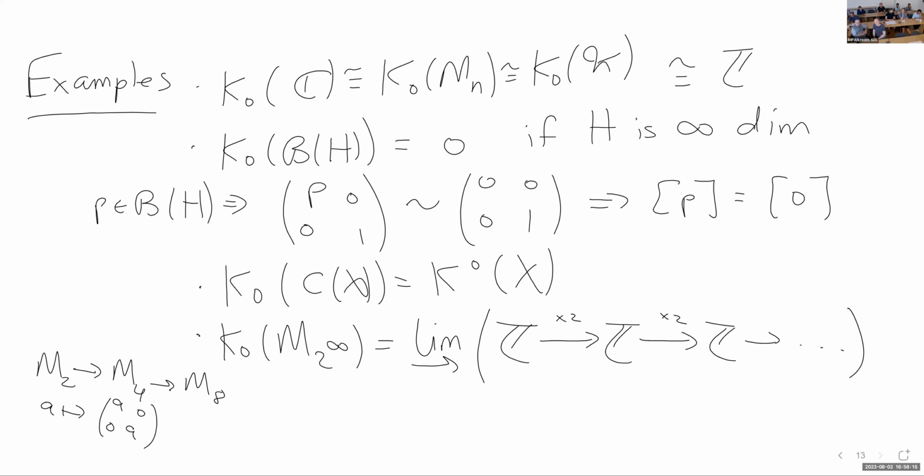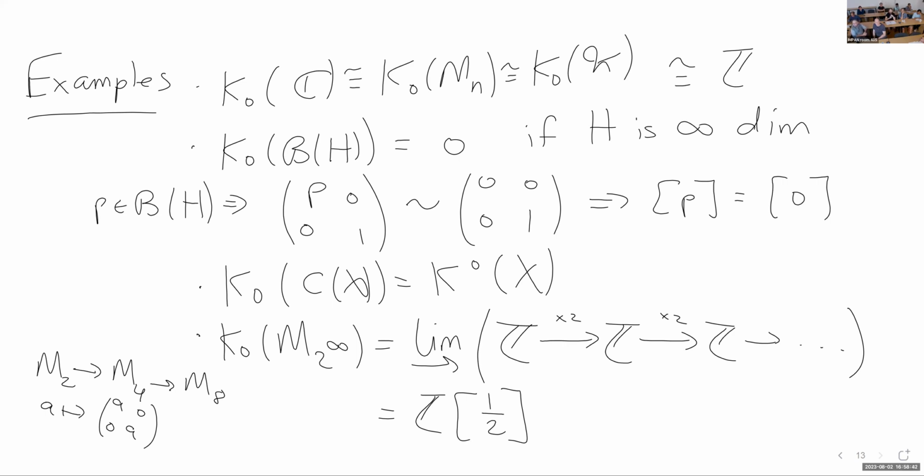And this is the ring of integers with a half adjoined. You can make a similar argument in general for UHF algebras. So for example, the K0 of the universal UHF algebra is the rational numbers.